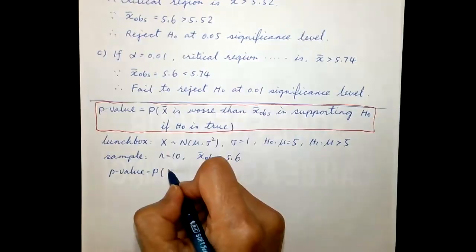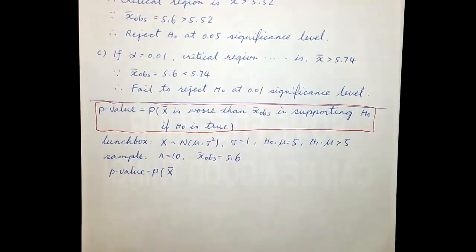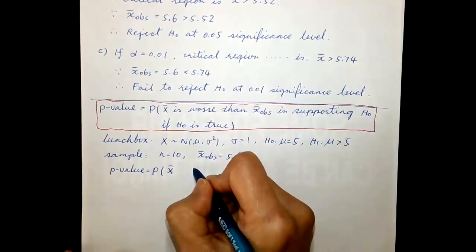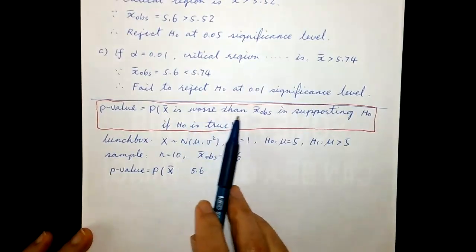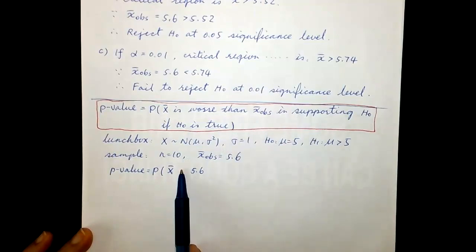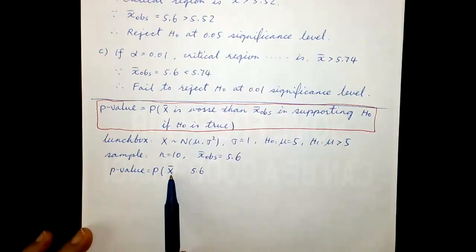Because they are complementary. So the key was in supporting H naught is which side do you choose? Do you choose greater or less? Right? It can't be equal because this is a normal variable. If it's equal, the probability is 0 because any continuous variable to be equal to a value is 0 probability.